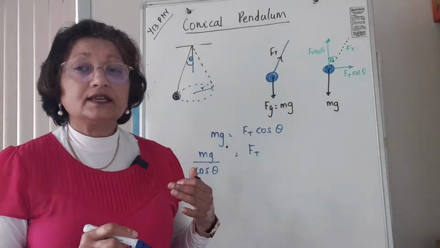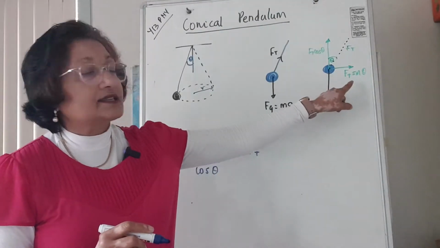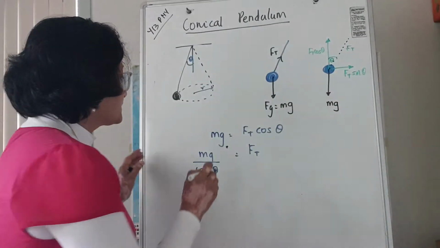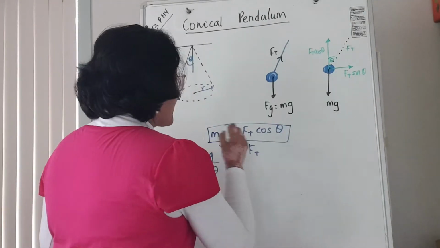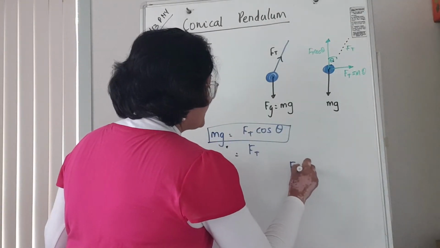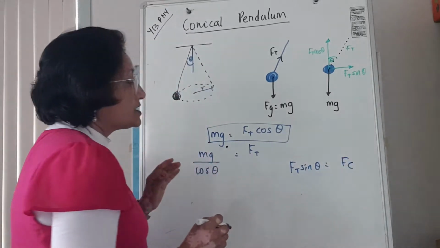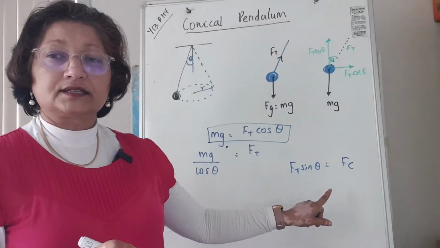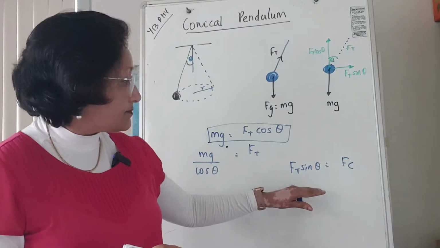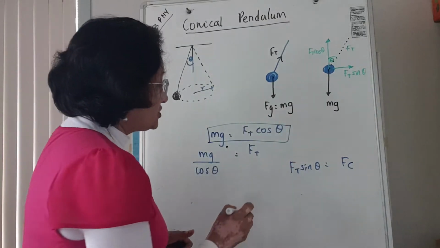And so the only unbalanced force is FT sin theta. So my FT sin theta becomes equal to my centripetal force. My centripetal force is provided by the horizontal component of my tension force.